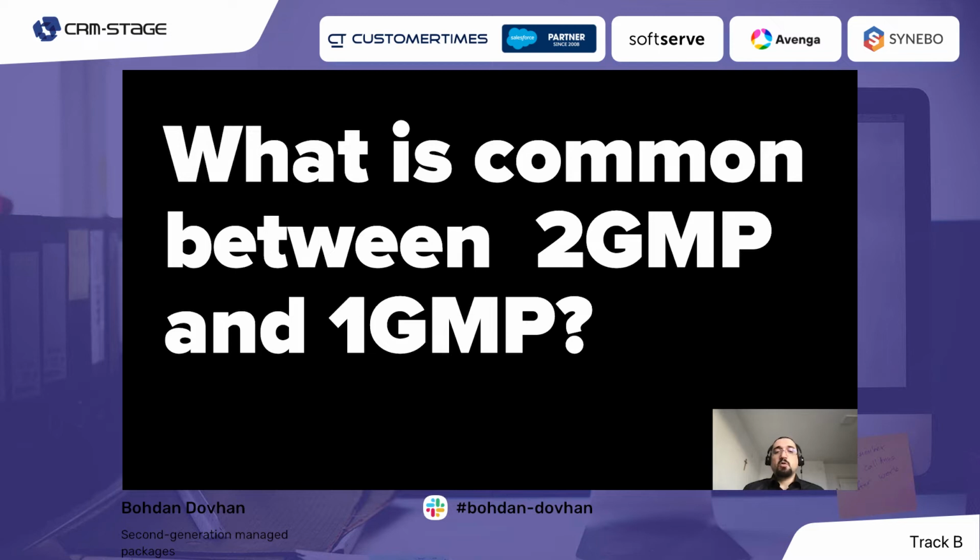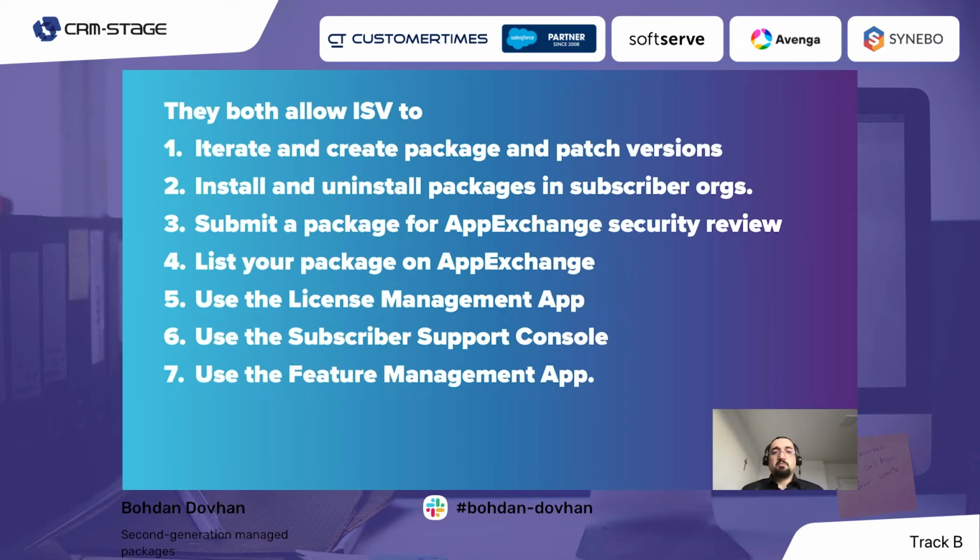Next, what is common between second generation managed packages and first generation managed packages? So we have a lot in common between those. Both package versions allow independent software vendors to iterate and create package and patch versions. They allow you to install and uninstall packages in subscriber orgs.